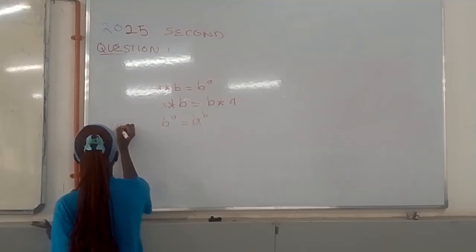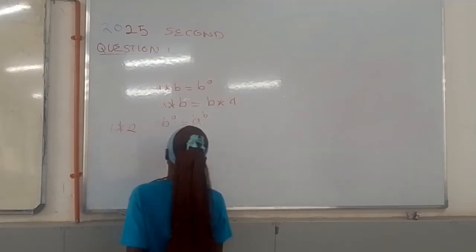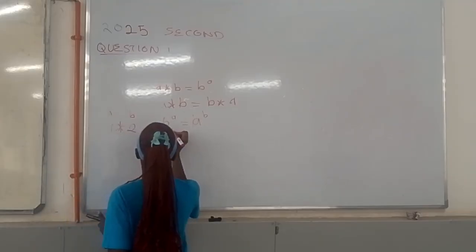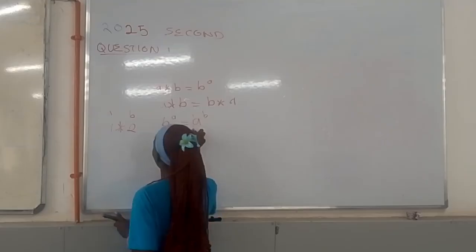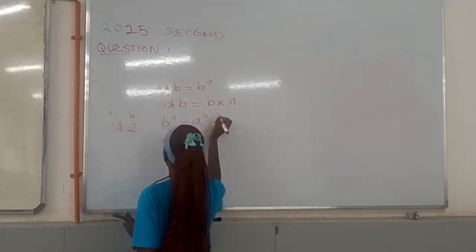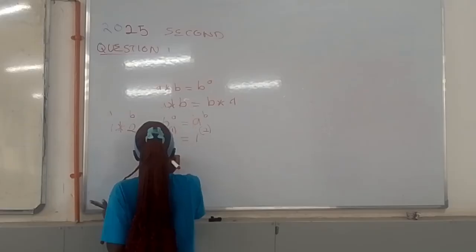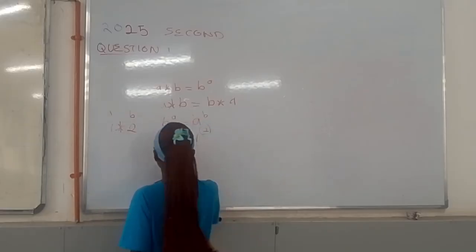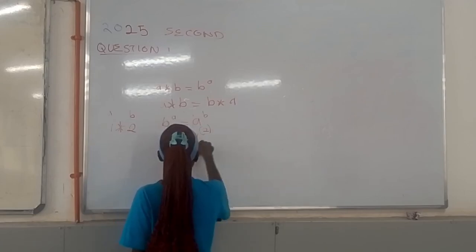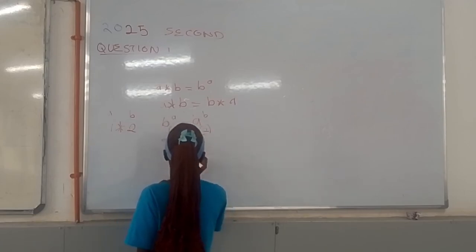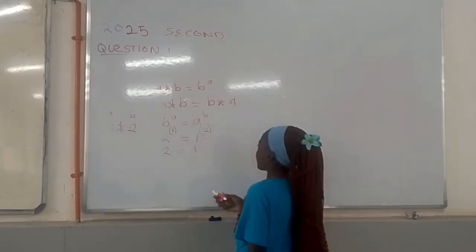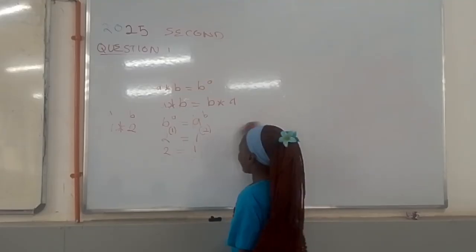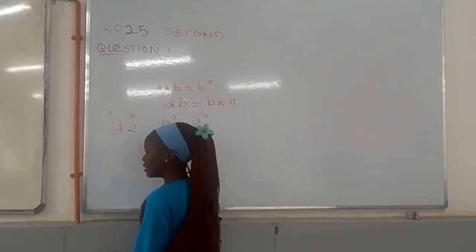So this is A, this is B. Our B is 2, then here our A is 1. So what is 2 to the power 1? And here what is 1 to the power 2? Not commutative.